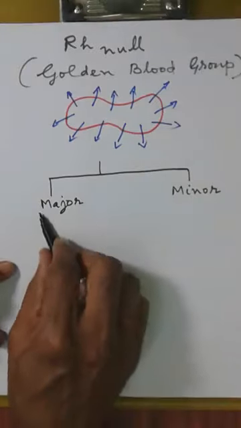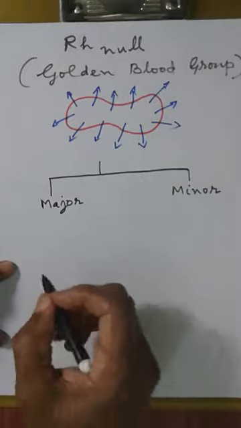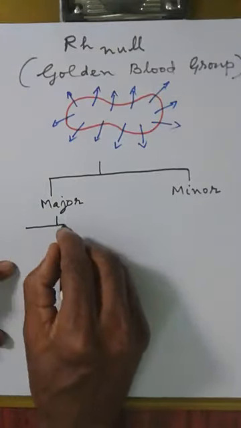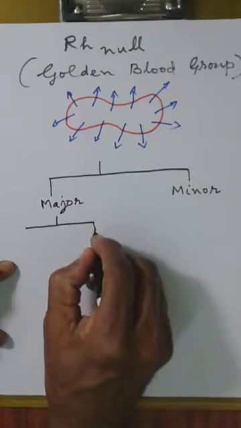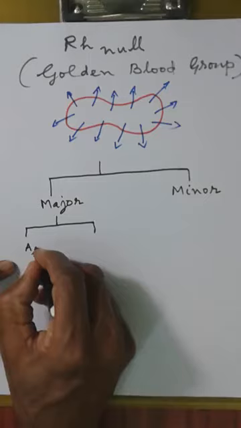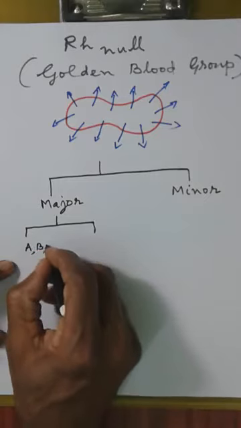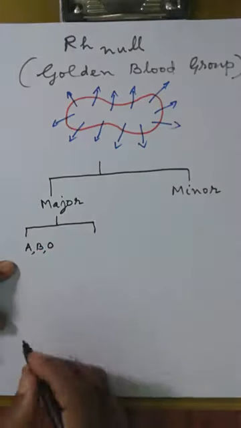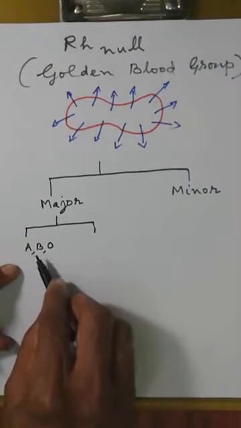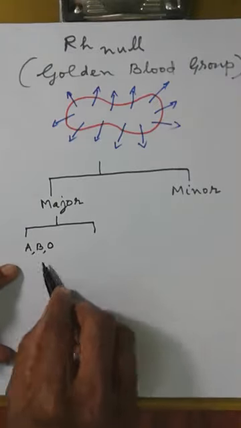Out of these major antigens, we have our ABO system, that is A, B, O and AB.